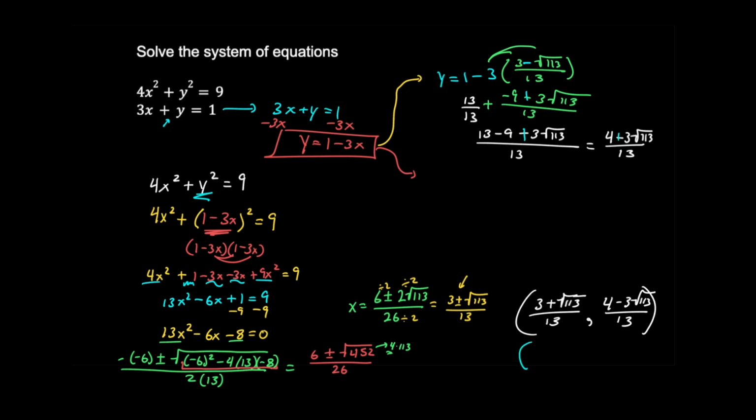So really that's the only difference. So the 3 minus radical 113 over 13, its y value will be 4 plus 3 radical 113 over 13. Not the prettiest answers. It would have been a lot nicer if I turned it into decimal as well.